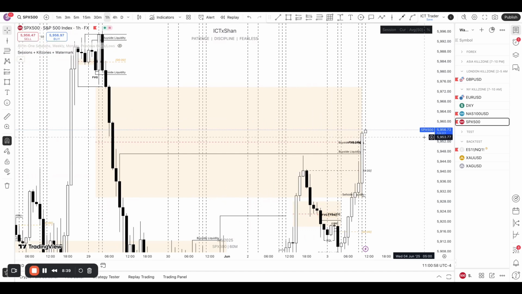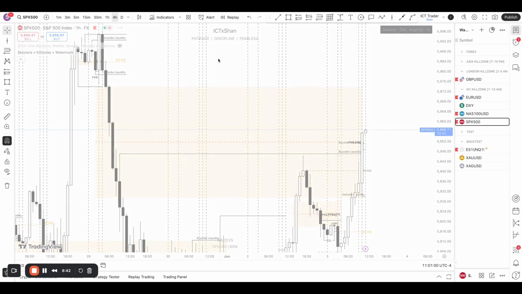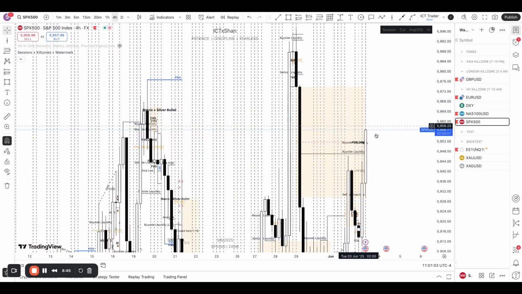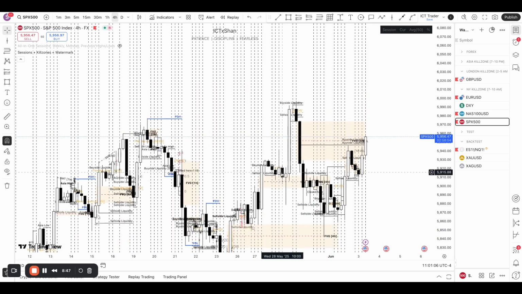At this point, we are in for our value gap. That's all. So actually, obviously, there's another inverse value gap as well.